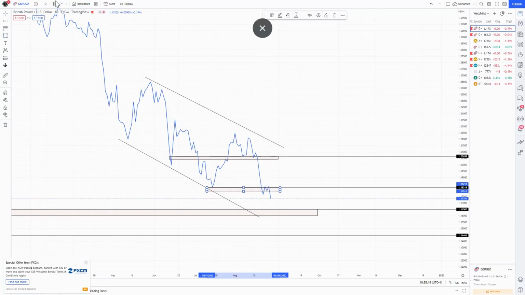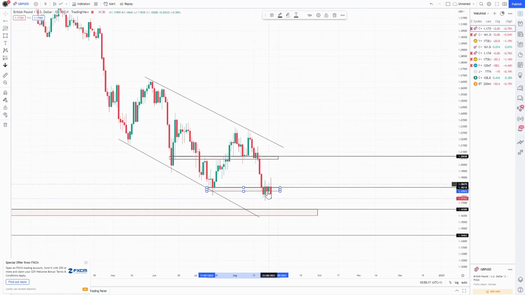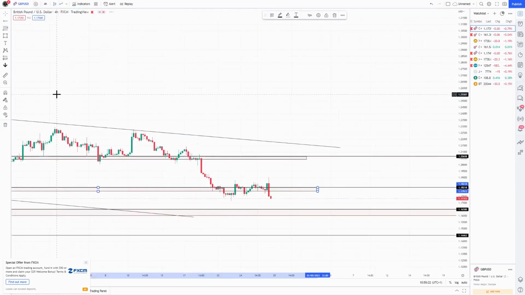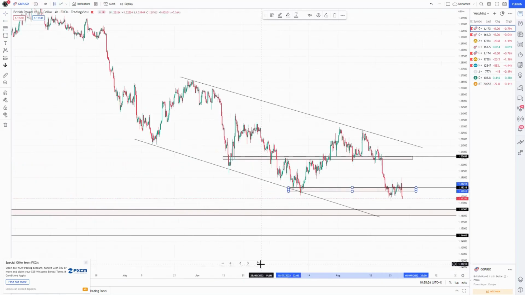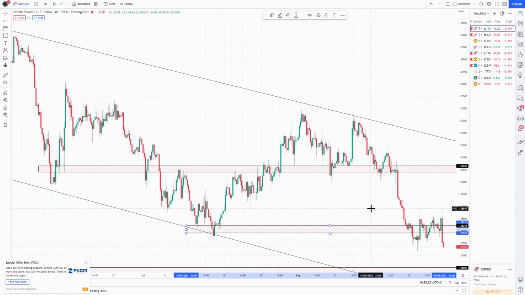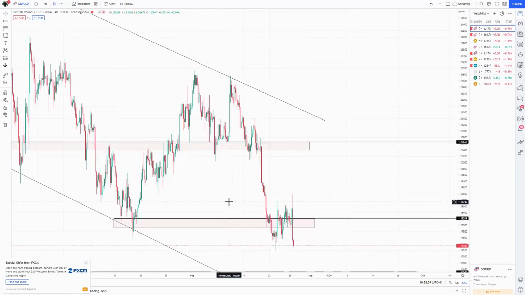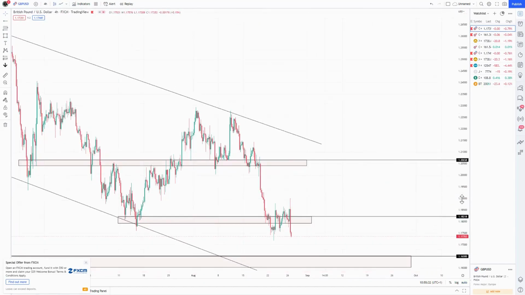So let's go to the 4-hour time frame. Can you see price already broke this place? Okay, good. We already have ourselves a beautiful setup here. But how can we capitalize from this market? That's the question.